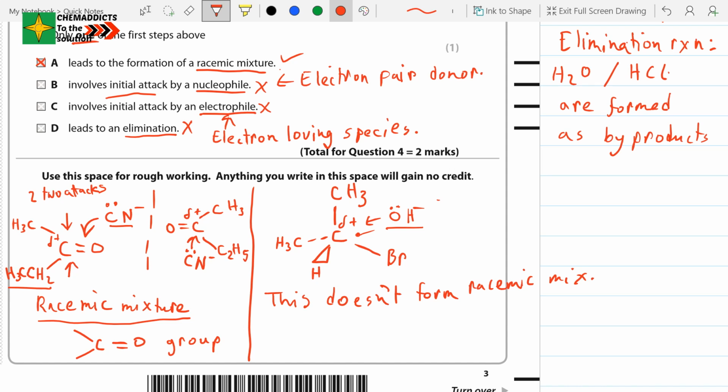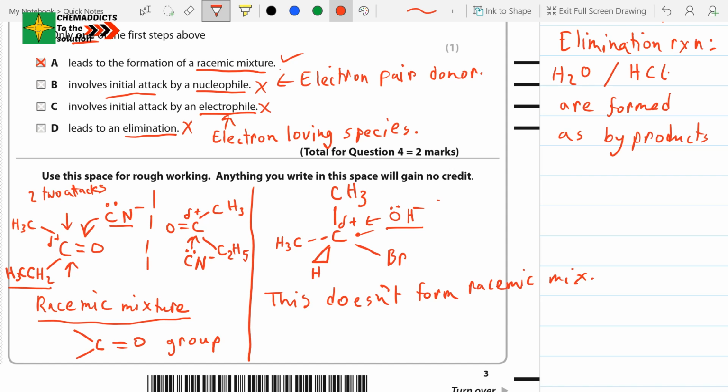This carbocation forms a racemic mixture since it is trigonal planar, so the nucleophile can attack either of the sides with equal probability. So this will form a racemic mixture, but this does not.